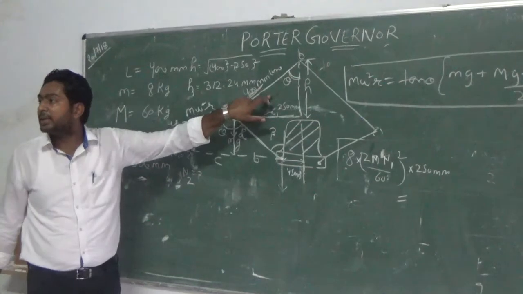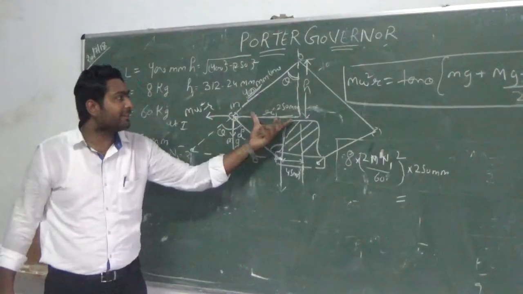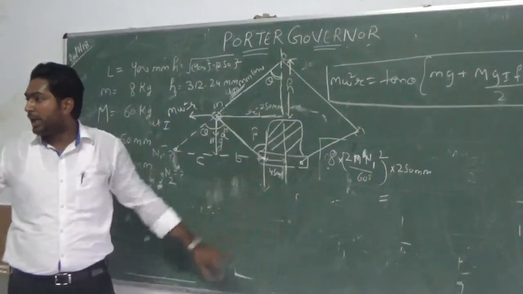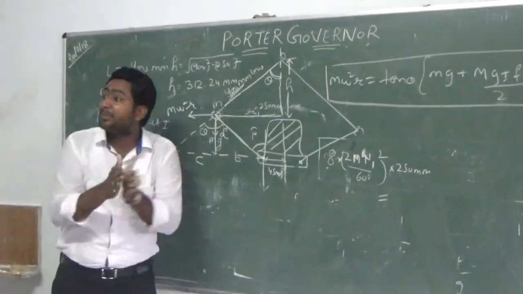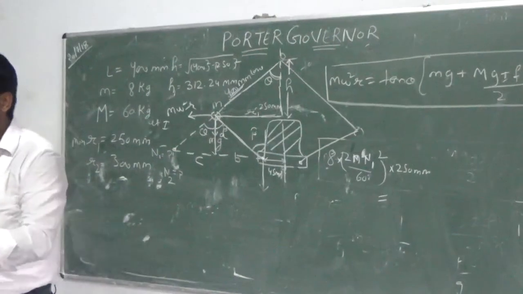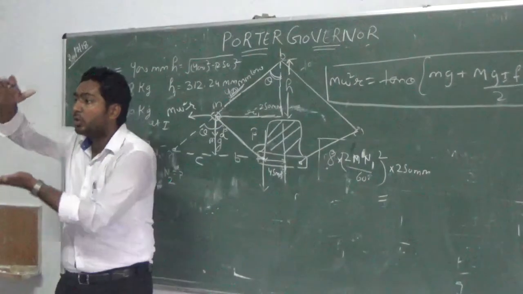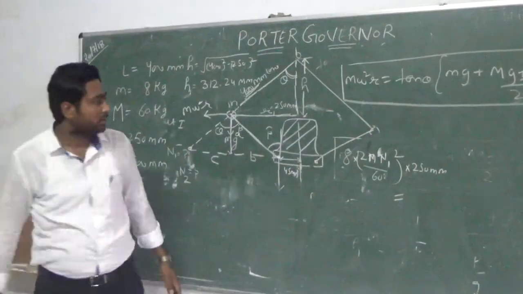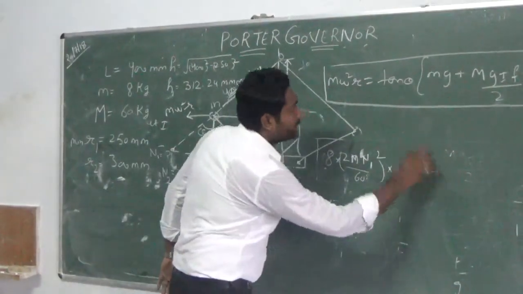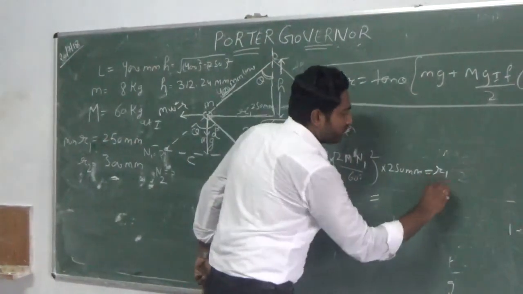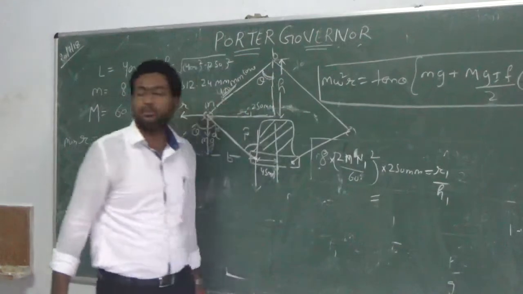From this angle, tan theta is equal to r1 upon h1, because at minimum speed there is r1 and h1. At maximum speed r1 changes, h1 also changes.